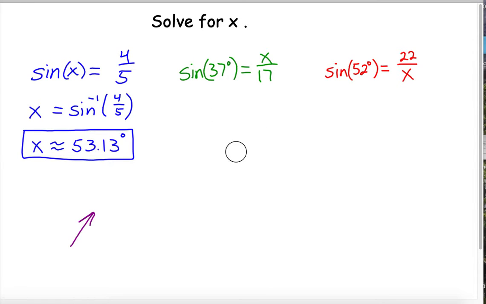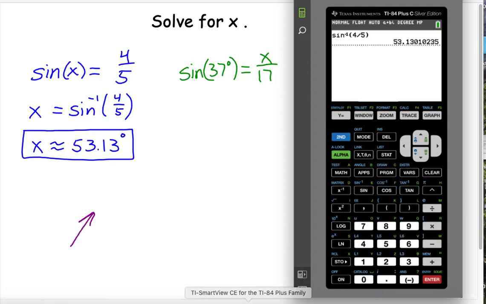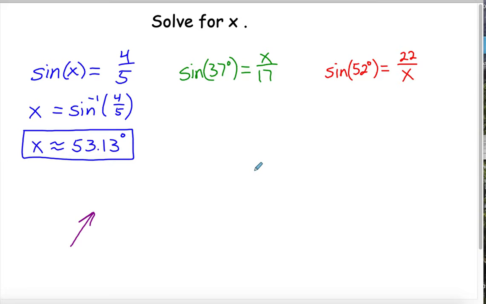So the same idea here, because the sine, let me show you in the calculator, the sine of 37 degrees is going to give you a number, a decimal, 0.601. So that's just a number that we're looking at on the left side of this equation. All right, so to undo divide by 17, we're going to multiply both sides by 17, and that's going to give us what x equals.